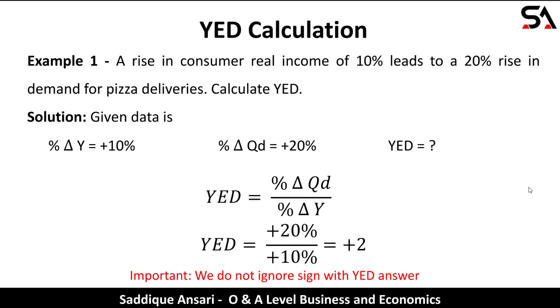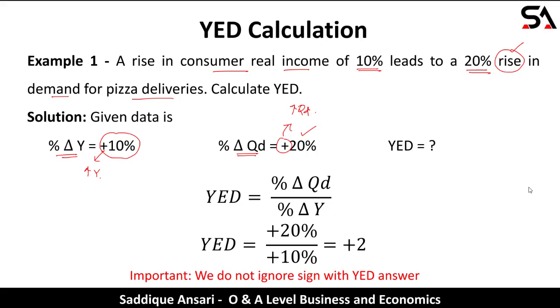Now let's take an example. A rise in consumers' real income of 10%. So percentage change in income is positive 10%. This positive sign shows an increase in income. It leads to a 20% rise in demand for pizza deliveries. So percentage change in quantity demanded is positive 20%, and this positive sign shows an increase in quantity demanded of pizza deliveries.